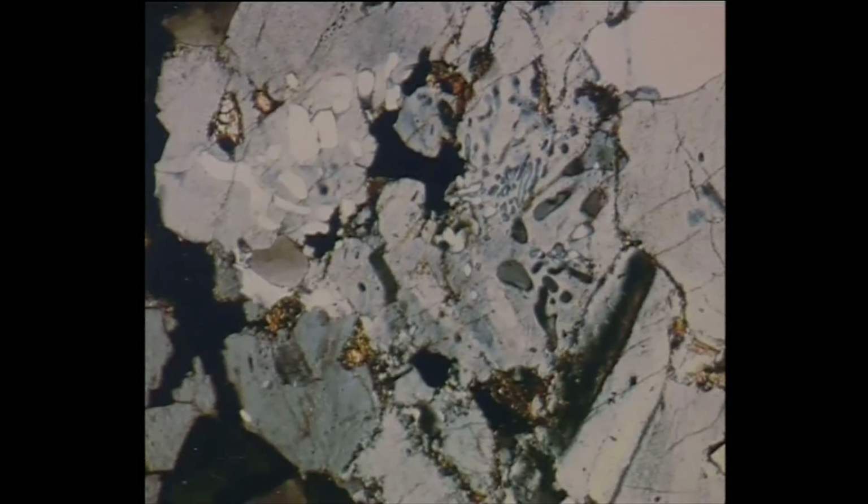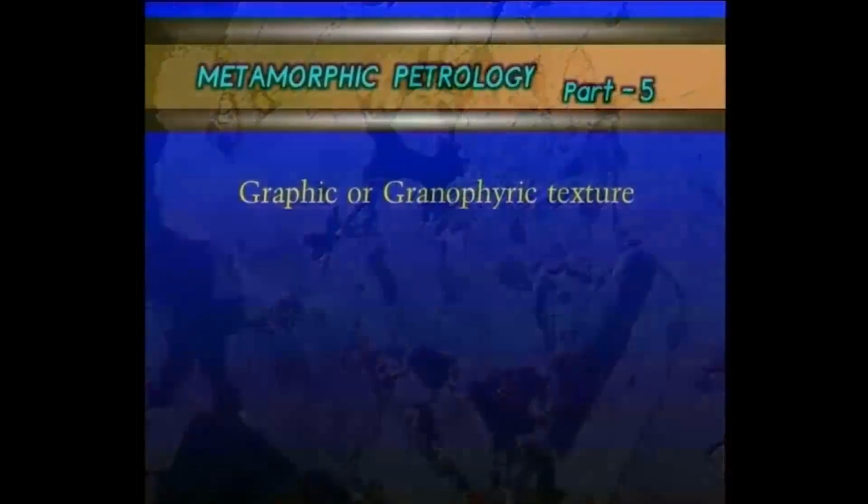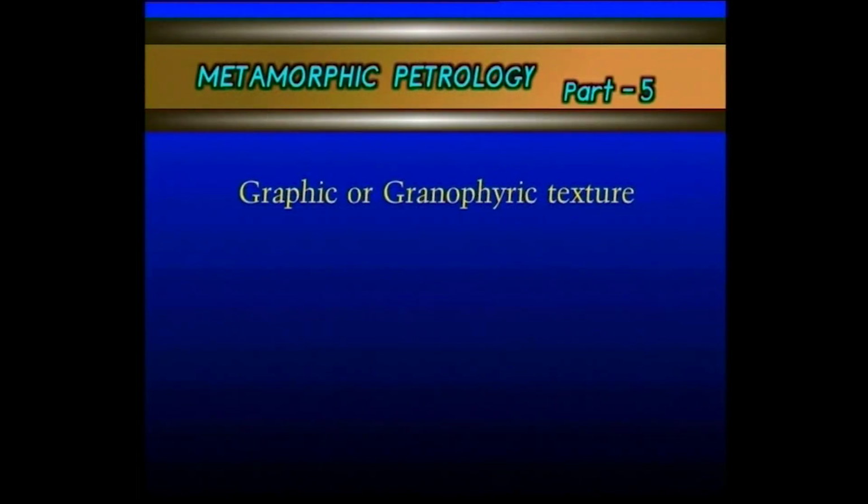If you see intergrowth between potash feldspar and plagioclase with quartz, then normally the texture is graphic or granophyric. So these are the common textures which are also present in metamorphic rocks.